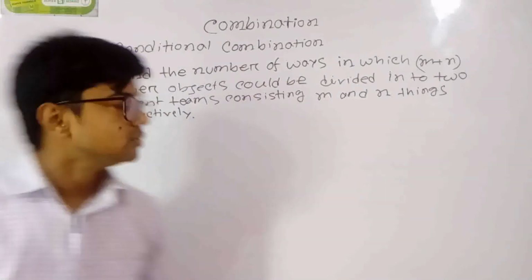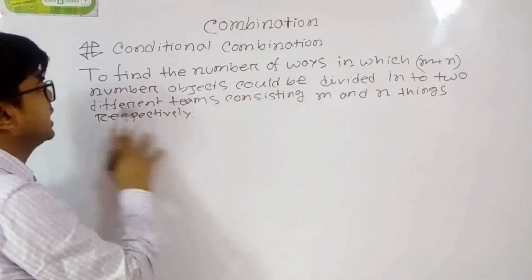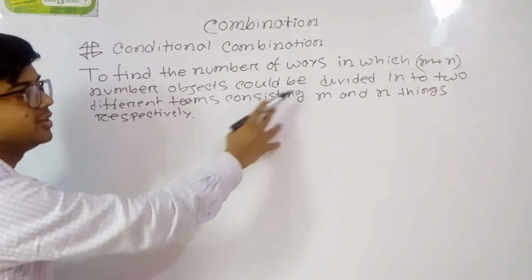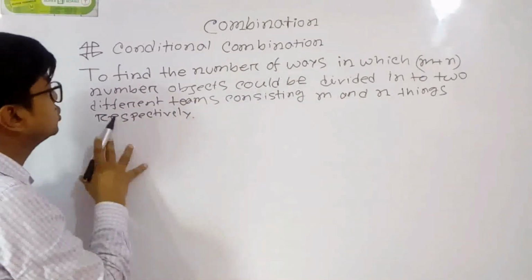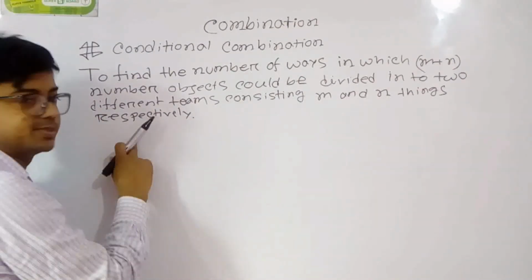Now, to find the number of ways in which m plus n objects could be divided into 2 different teams consisting of m and n things respectively.